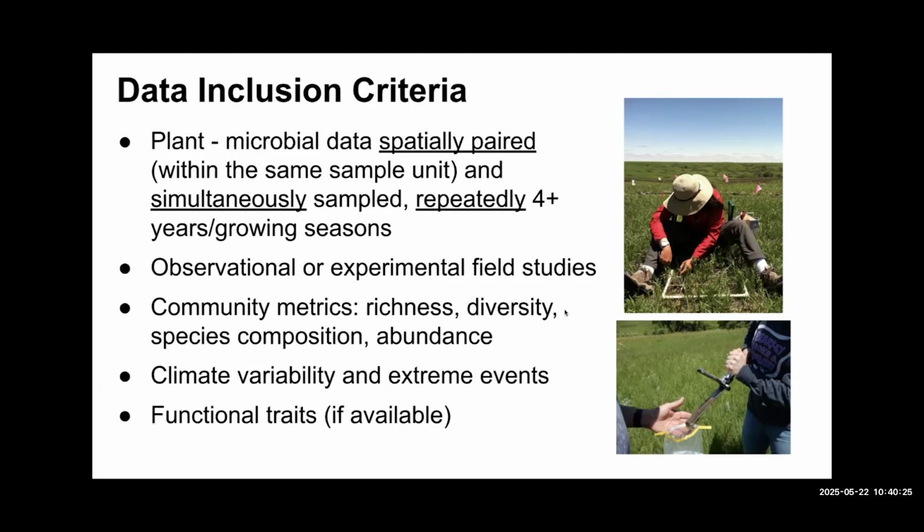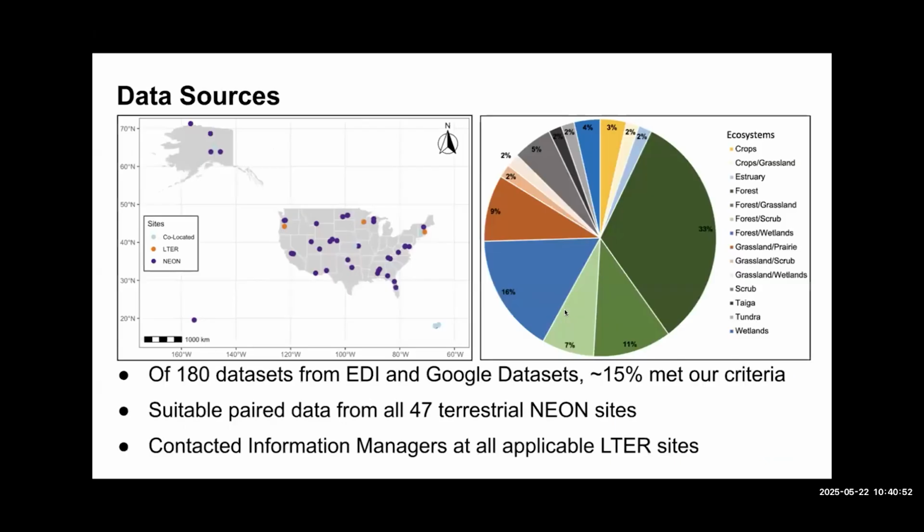And then, as Francis described, a lot of the connectivity of these communities is very relevant for ecosystem functioning and services. So we're interested in the functional traits, or different characteristics, of these communities as well, for plants and microbes. Of course, this information is harder to come by, especially for the below ground communities. So we're still figuring out where that can fit in, but we hope it will in the future.